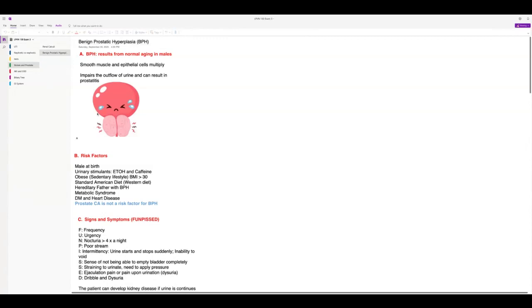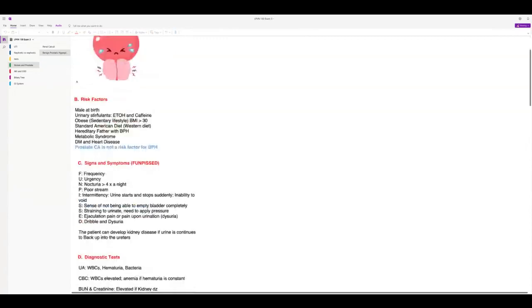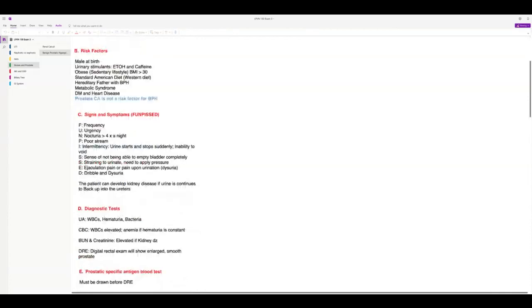Your signs and symptoms. Well, now you have fun, because they're not having fun if they have this. Okay, so they have the frequency, the urgency, the nocturia. They can be up 5, 6 times a night. Poor stream, or inability to start the stream, a sense of not being able to empty their bladder completely, straining, pain on urination, dribbling, and dysuria.